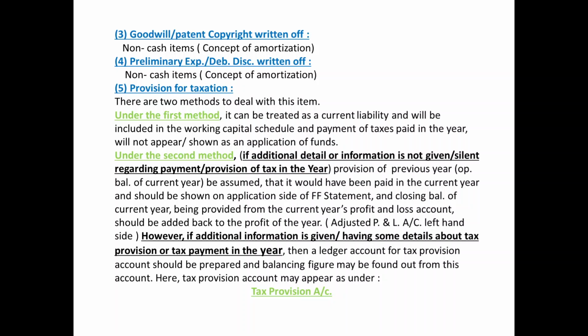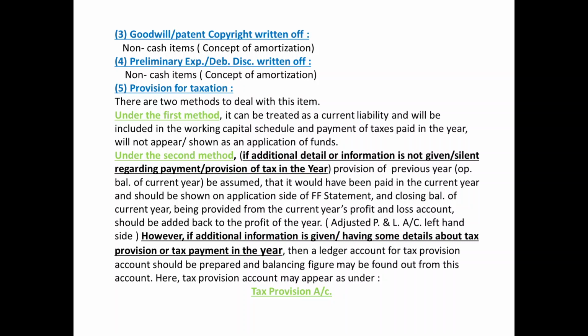Now suppose in the current year it has been written off by applying the concept of amortization, then the journal entry that would have been recorded would be: profit and loss account debit, to goodwill account credit, to patent account credit, to copyright account credit.